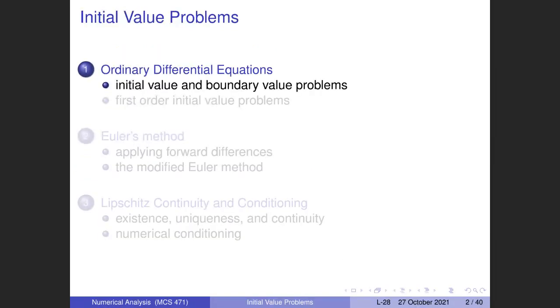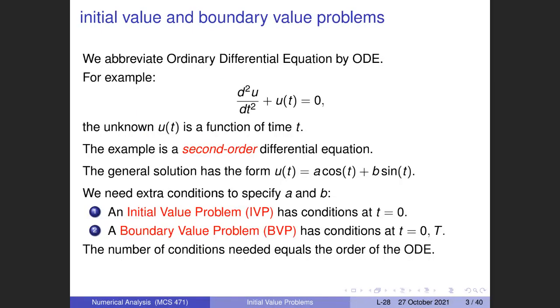All right, then, let's look at what is an ordinary differential equation, and in particular, the distinction between what we call an initial value problem and a boundary value problem. Here we have our first example of an ordinary differential equation.